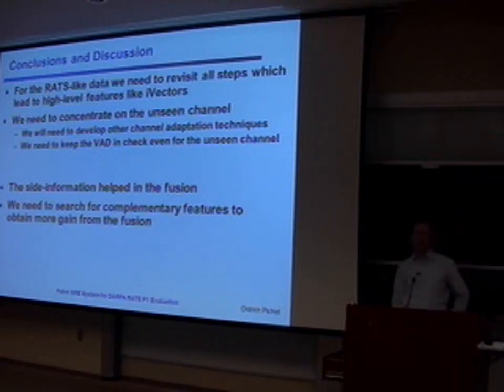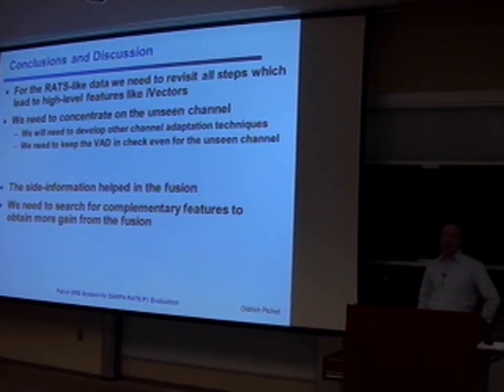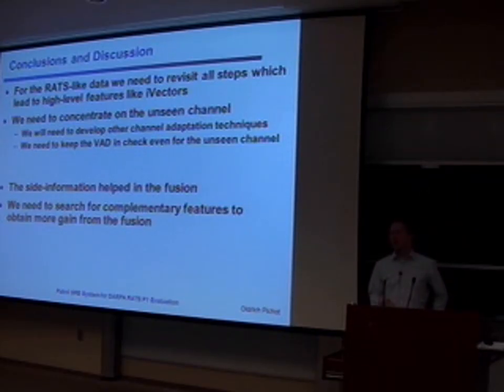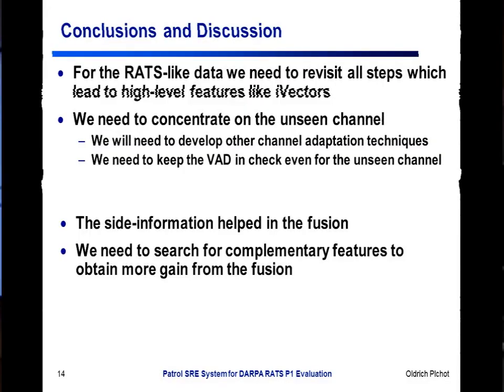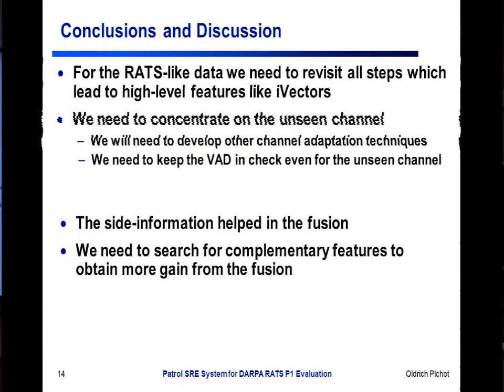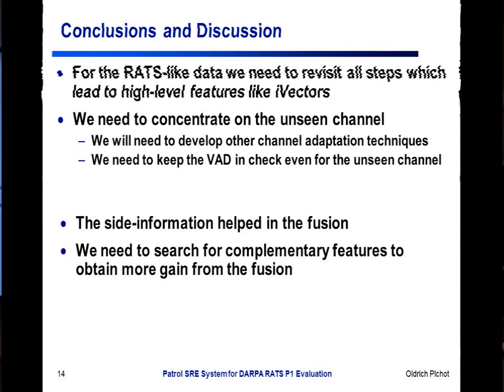Okay, so I will conclude, and the basic conclusion is that when dealing with this kind of data, we have to really carefully revisit all of the steps we have in our state-of-the-art systems and adapt them to such data. And we need to work more on the channel robustness and concentrate on the unseen channel.